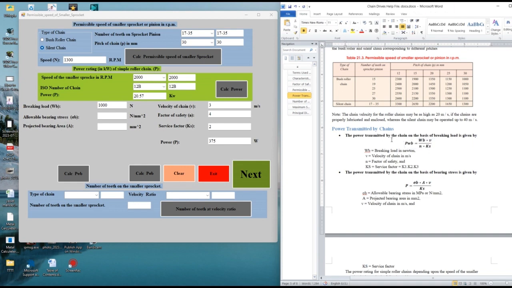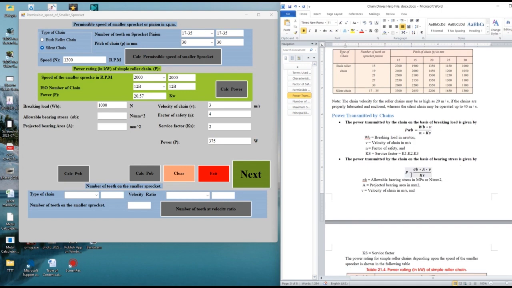Then we can also calculate the power on the basis of bearing stress. Do you see here? The bearing stress of a material. Then we have to enter the value of bearing stress, for example 500 Newton per millimeter square or megapascal.